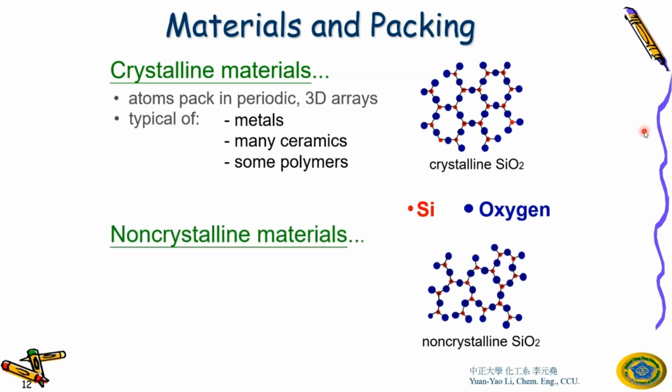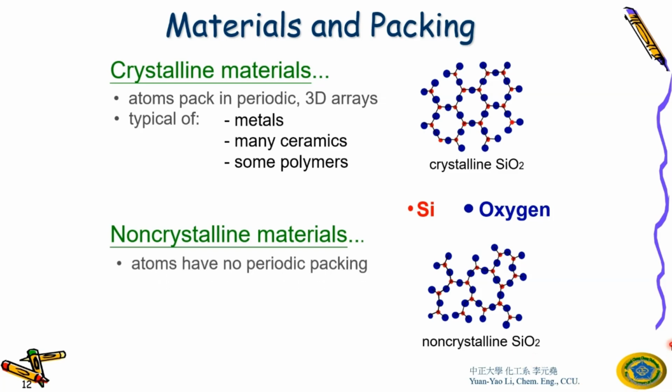And this is a non-crystalline material. This is non-crystalline SiO2. What is this? The other one is what we call quartz, right? One type of crystalline SiO2 is called quartz. This is what? This is glass. The glass you use, like this, is glass, right? It's non-crystalline SiO2.